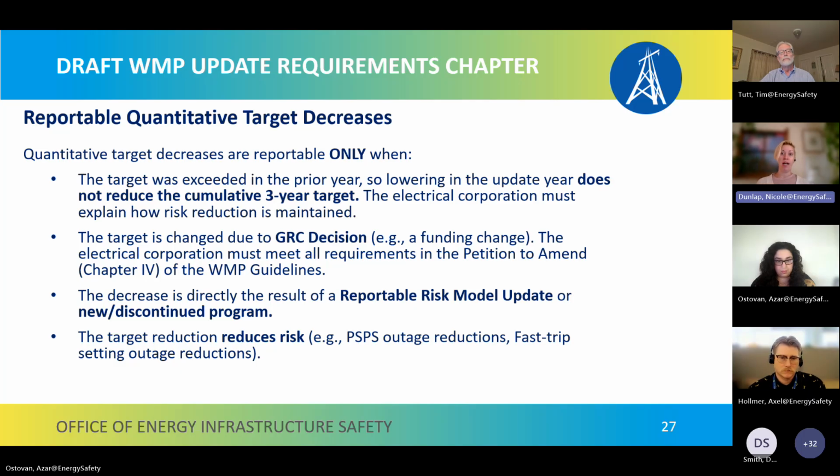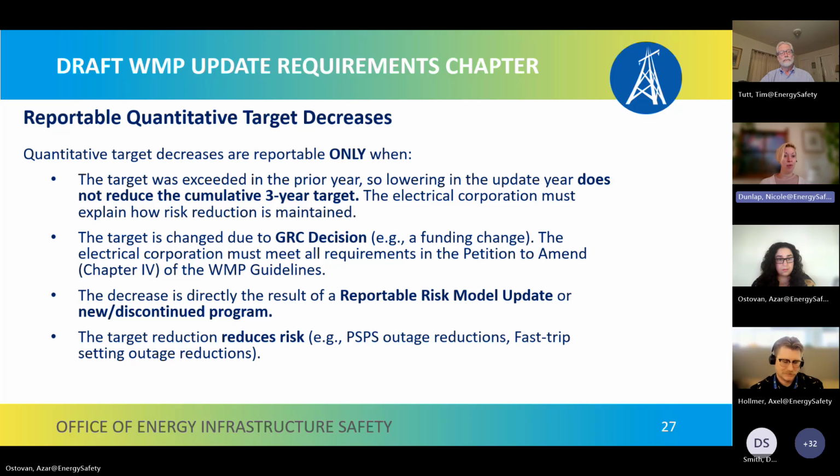So if the timing of when a decision is received is closer to when a utility is about to submit a WMP update, we consider a target decrease to be a reportable update relative to that GRC decision. A little bit more on this though. For GRC related target decreases, the electrical corporation must meet all requirements outlined in the petition to amend chapter of the WMP guidelines.